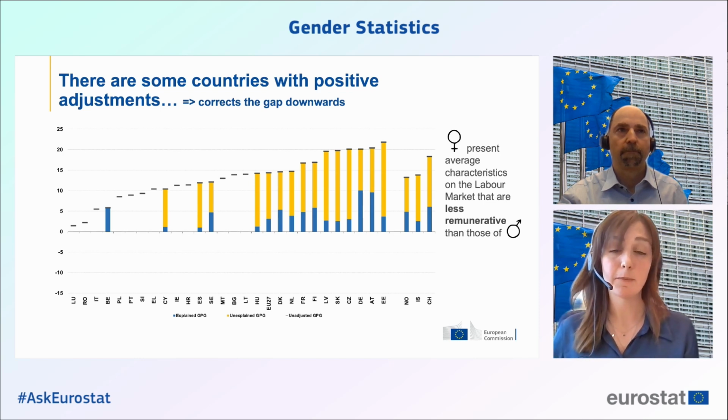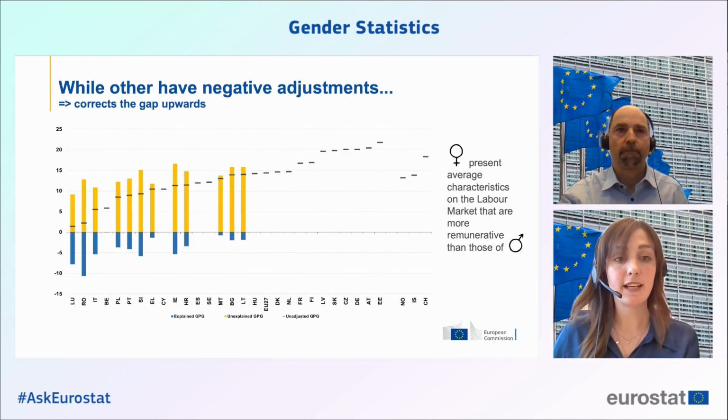In the next slide, we can see those 12 countries that have negative explained gender pay gap, meaning that female employees present average characteristics on the labor market that are more remunerative than those of men.